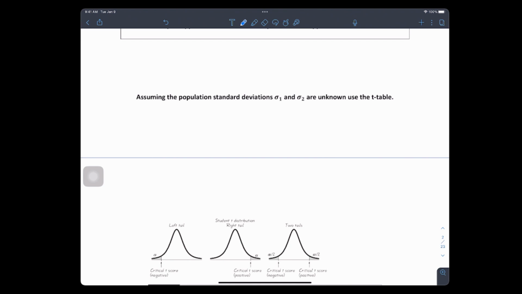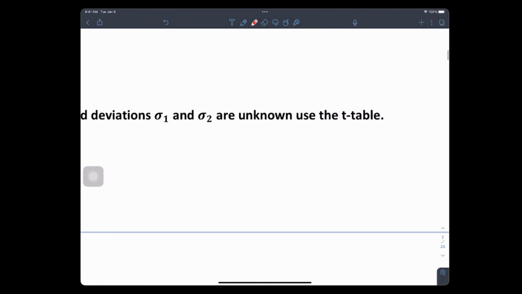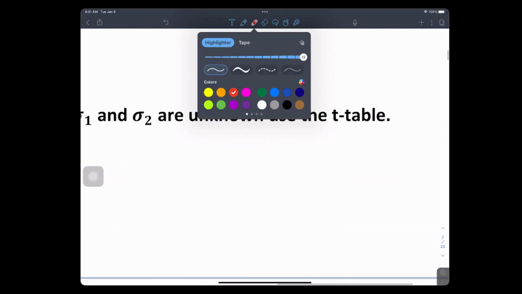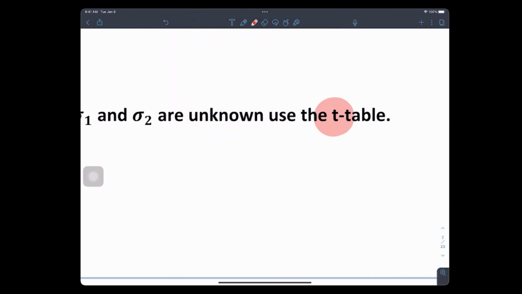And if that's the case, we have to use the t-table. So you might say, are we using the t-table for this? Yes. Although you guys know we're not using the t-table, we're using the TI calculator, and we're using inverse what?